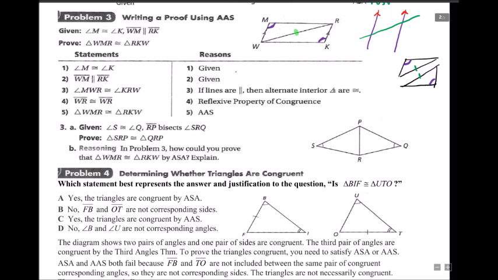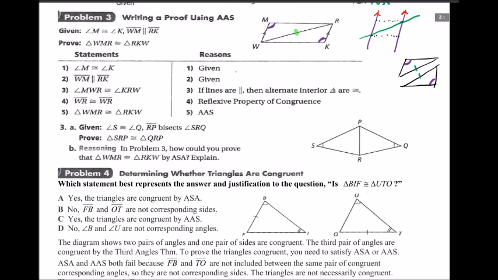Well, let's take a look at our parallel lines here. And let's just kind of dash in our triangles. Now, we know that we have lots of special angle pairs. Which ones are going to help us?